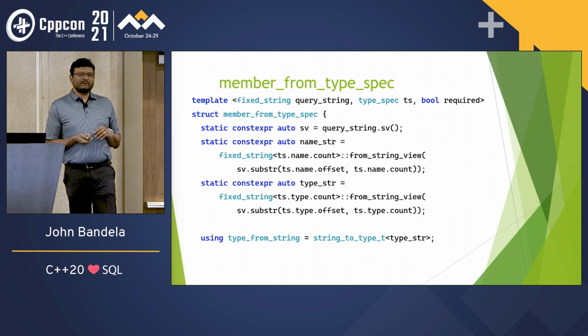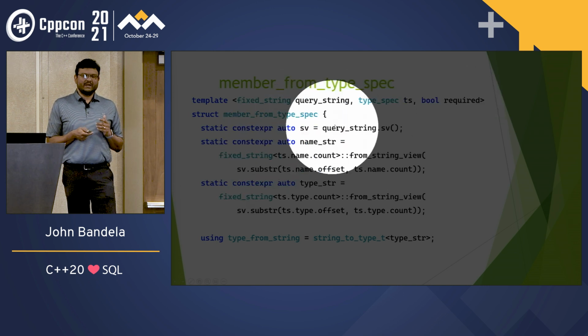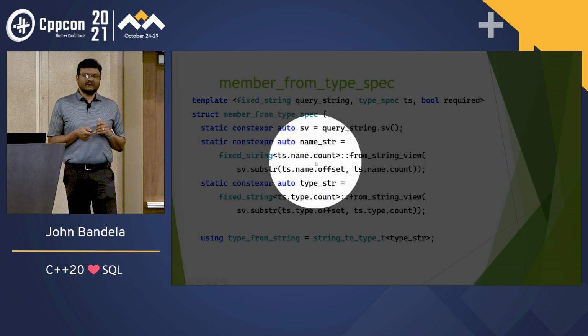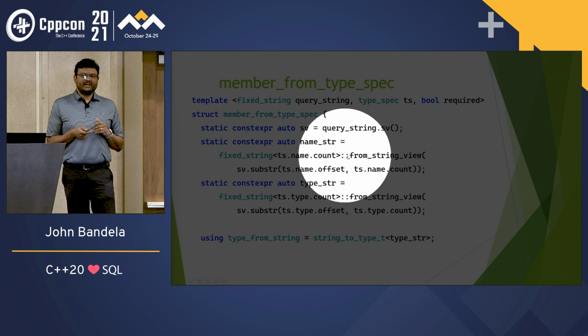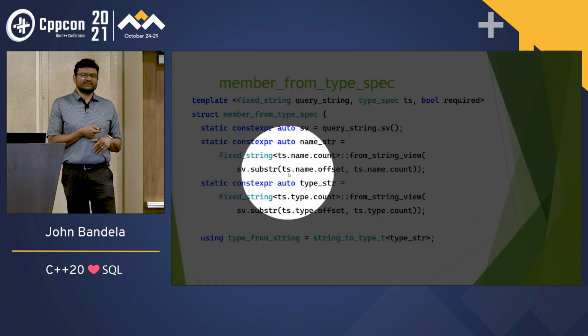And then here's member from type spec. There are two slides for this one, so it does two parts. We have the required thing. It says, okay, let me get a query string, we'll use that later. For the name string, we can construct it from a string view, taking the whole query string and doing a substr.